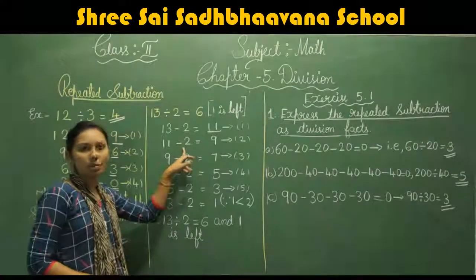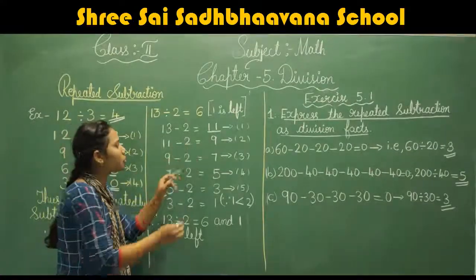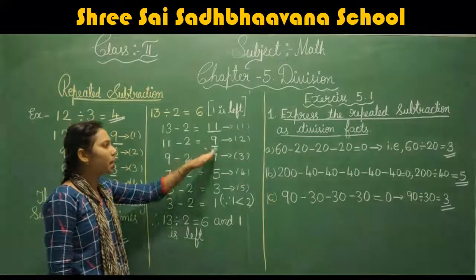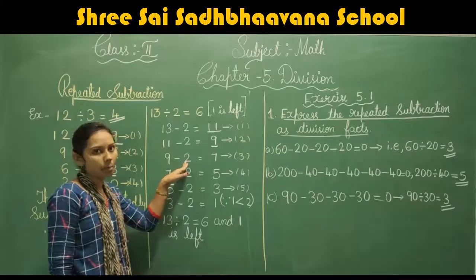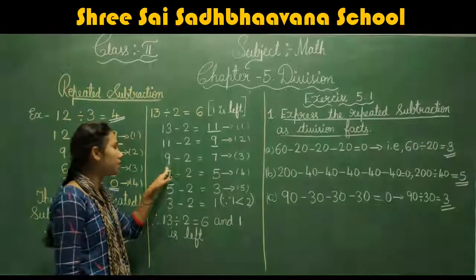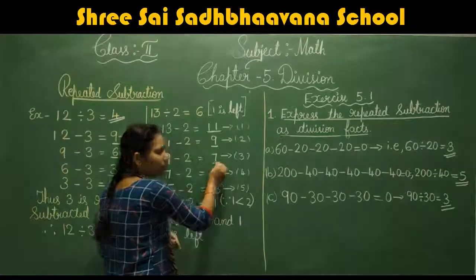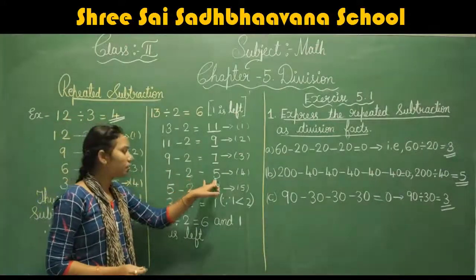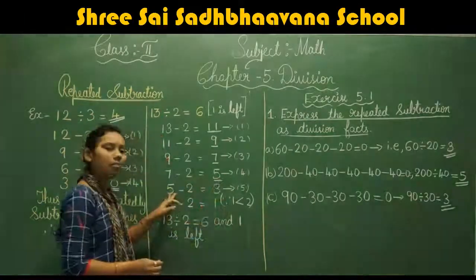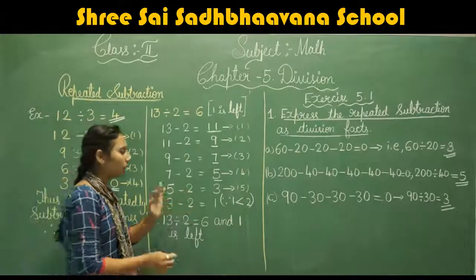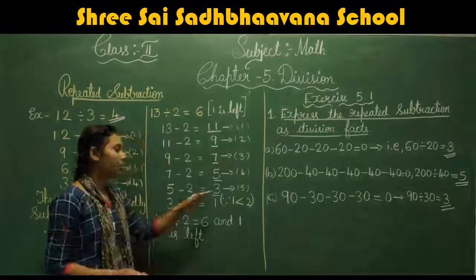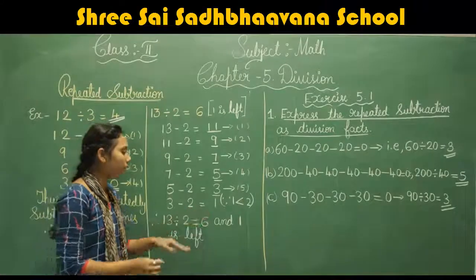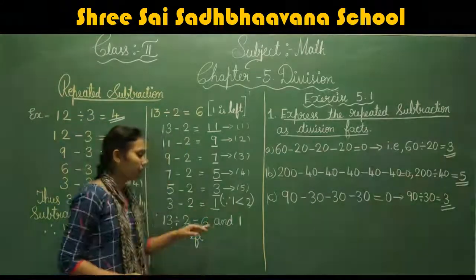From the 11 again you subtract 2. 11 minus 2, 9. 9 minus 2, 7. 7 minus 2, 5. 5 minus 2, 3. 3 minus 2, the answer is 1.